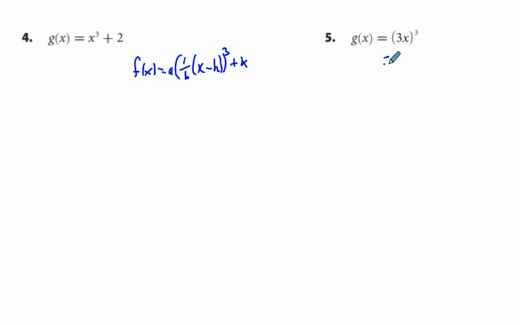And doing that in this case, we're going to take this 3 and cube it, so we get 27x cubed. So we've changed this to an a essentially by undoing the parentheses and putting the a outside. So we will say f of x is vertically stretched by a factor of 27.